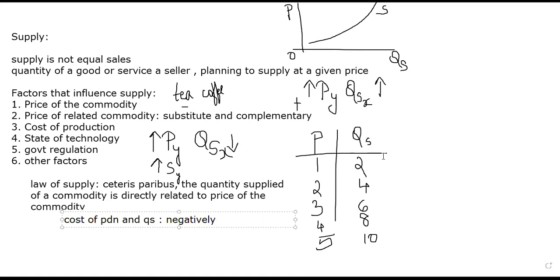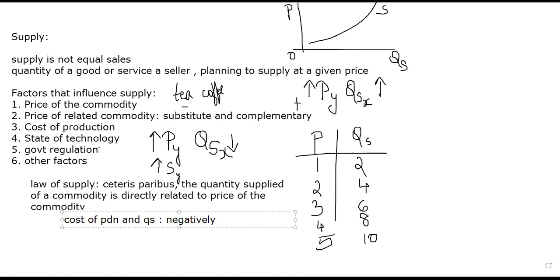So cost of production and quantity supplied are negatively related. State of technology is a qualitative, technical term, as I mentioned earlier. Improved state of technology can help the producer produce more, or the seller supply more.